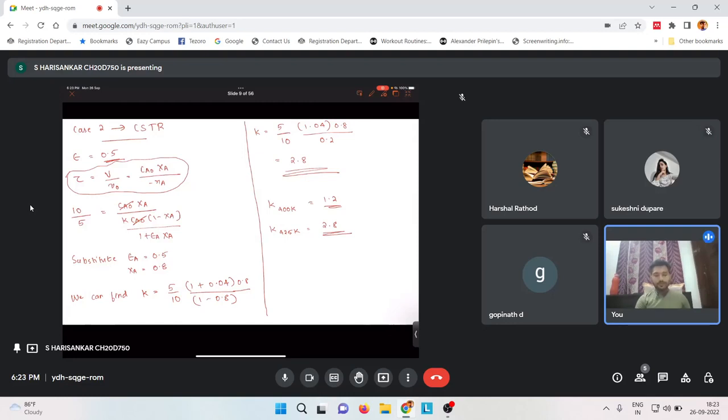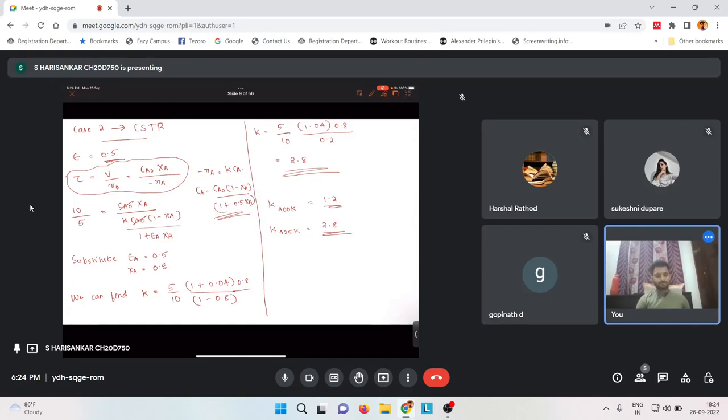Now again we have to substitute minus Ra equal to K Ca, and this Ca will be Ca0 into 1 minus Xa by 1 plus epsilon A Xa, and epsilon here is 0.5, so 0.5 Xa. So all we have to do is substitute for minus Ra equal to K Ca, and Ca as Ca0 into 1 minus Xa by 1 plus epsilon A Xa.